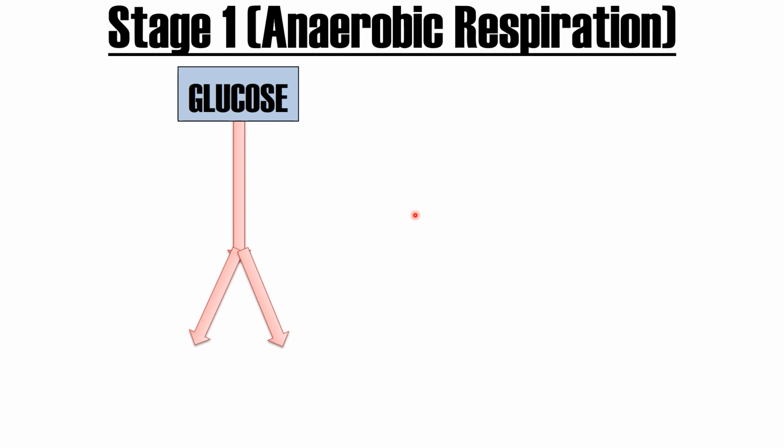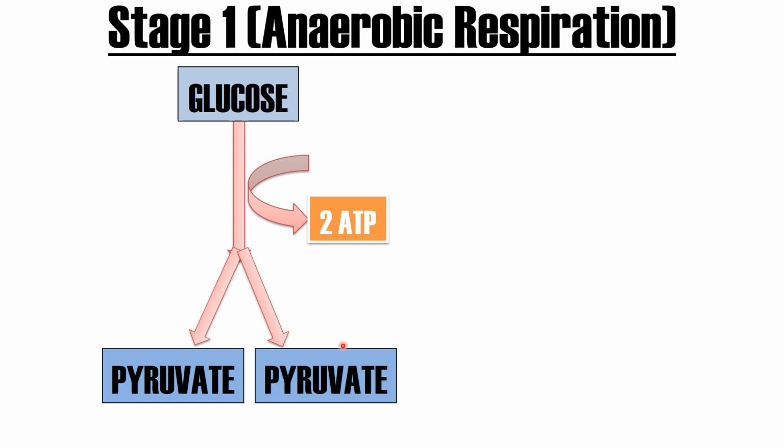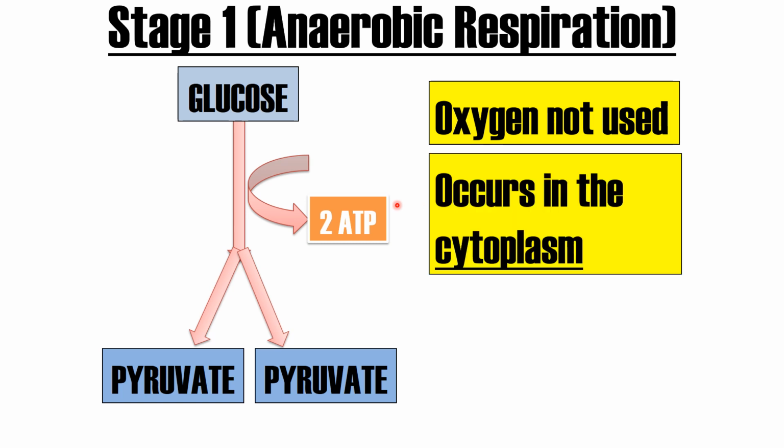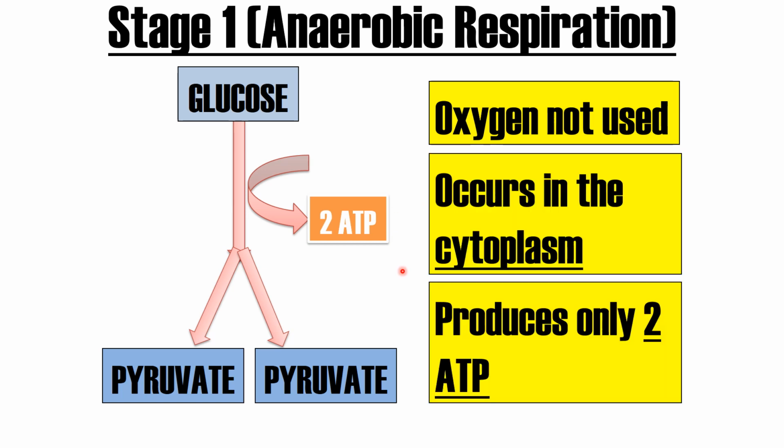So all that's happening during stage one is that glucose is converted into, here's a new term for you, pyruvate. Glucose is converted into two molecules of pyruvate, and as this occurs, you get 2 ATP produced. So stage one, oxygen is not used. We're in the cytoplasm, and you get only 2 ATP.